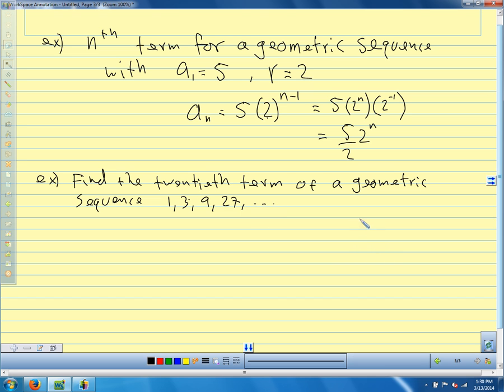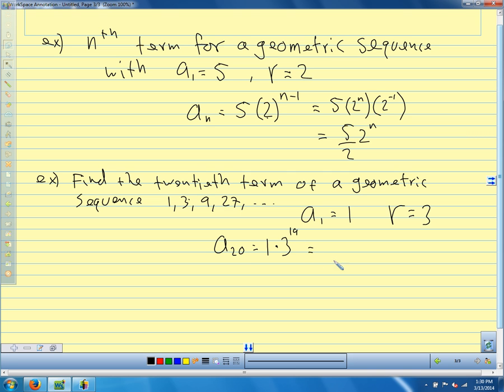So we want the 20th term of this geometric sequence. So for this one, what is a sub 1? A sub 1 equals 1. What is r? 3. So we want the 20th term, so a sub 20 is going to be 1 times 3 to the 19th power.